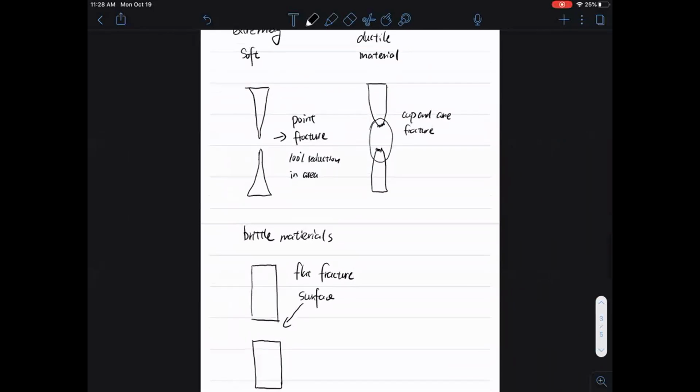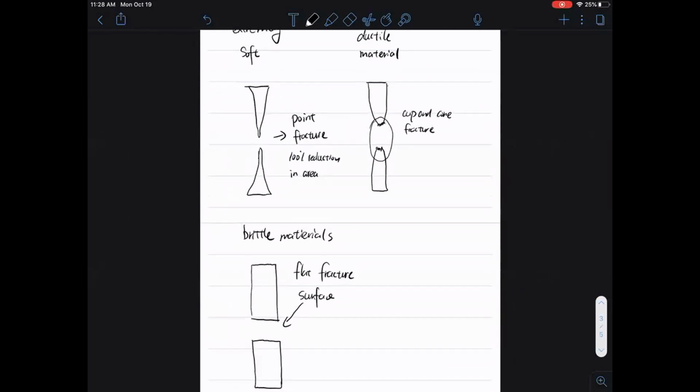Okay, that's the difference between different materials. When you look at the fracture surface, you're going to see different shapes. Next, I would like to show you a video.